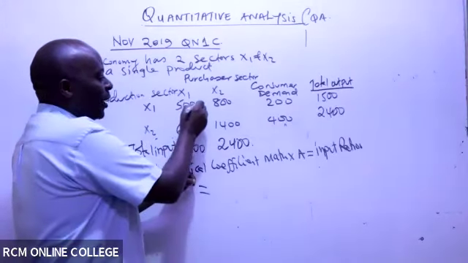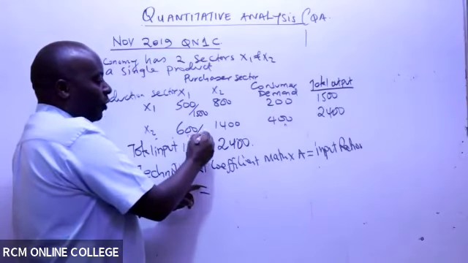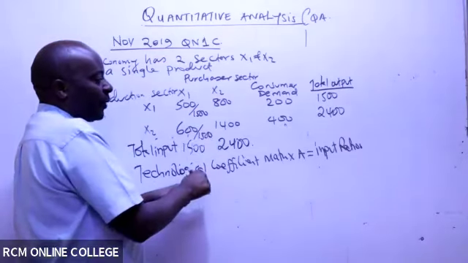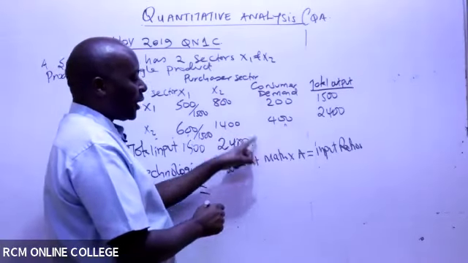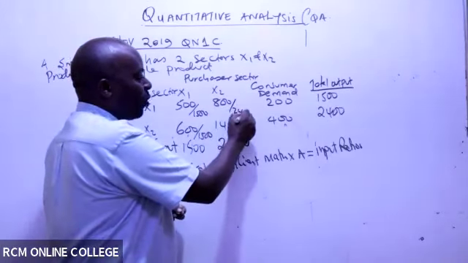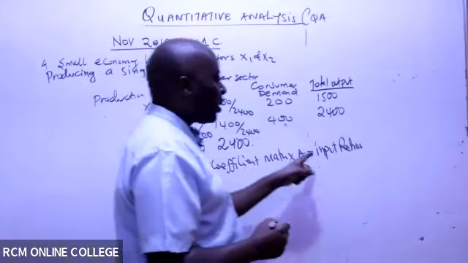So this will be 500 over 1500 downwards, 600 over 1500 downwards. When I come to column number 2, we use 2400 as the benchmark, so divided by 2400, divided by 2400. We call this the input ratio.